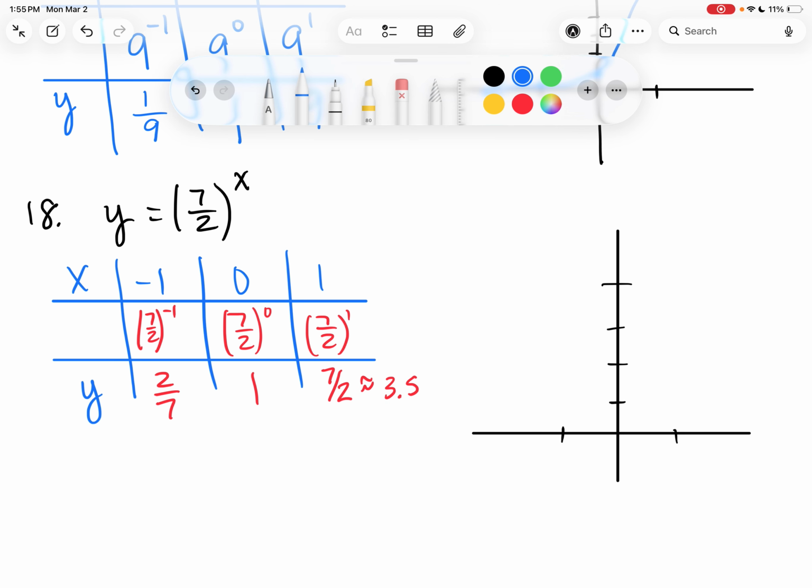So at -1, it's 2/7. So again, it's just a really small number. At 0, it's 1. And at 1, it's basically 3.5. So all the graphs are the same.